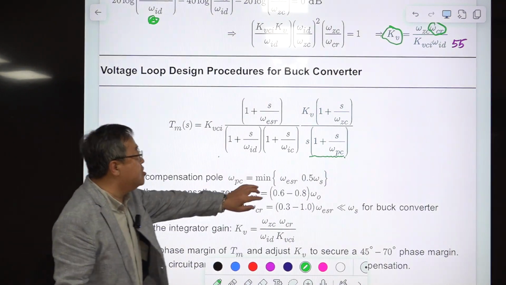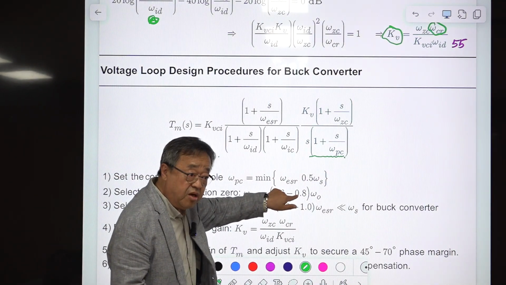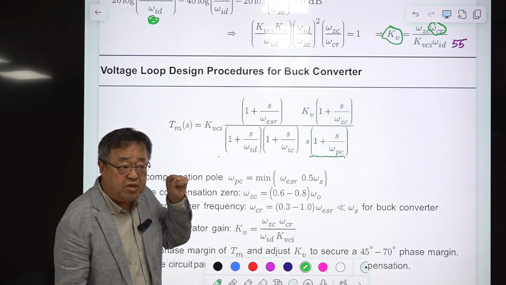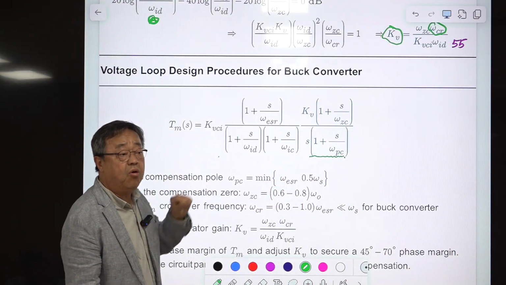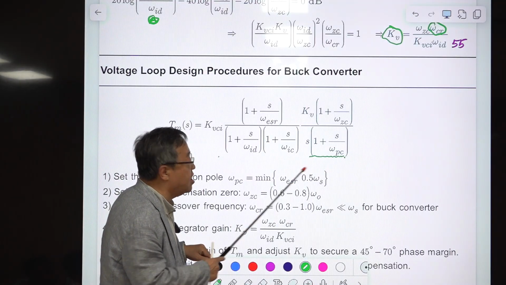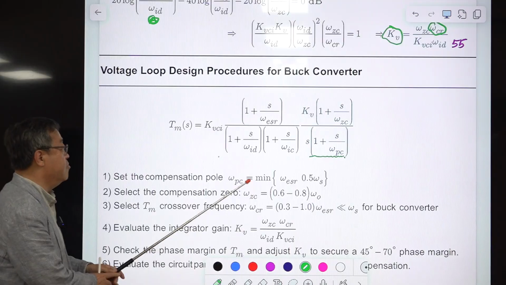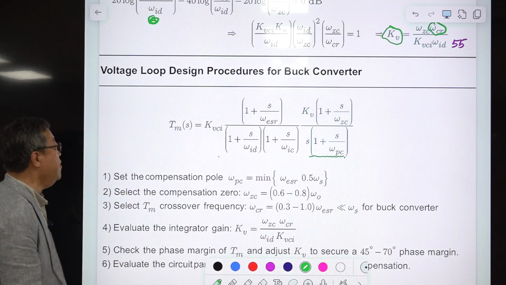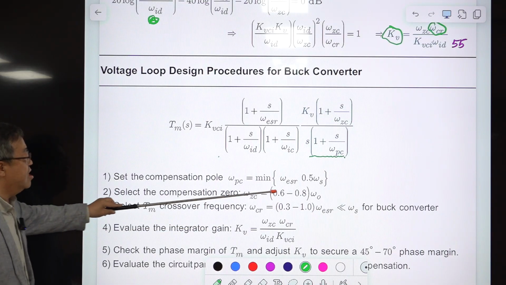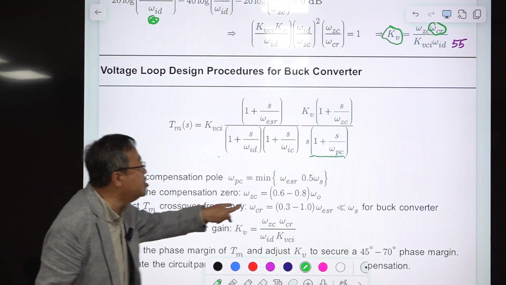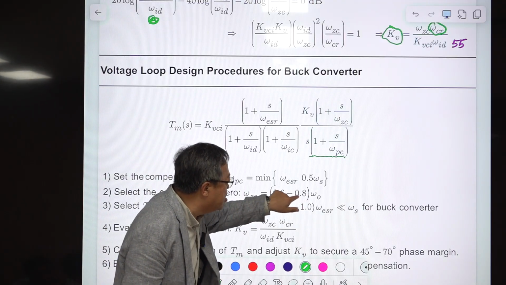Usually this is much lower than this, but somehow if you select a very good capacitor with extremely small ESR, then this value comes later, and then you select this one. So select the minimum of either this one or this one, and omega GC is selected here. If you go to this, it is a little bit dangerous.